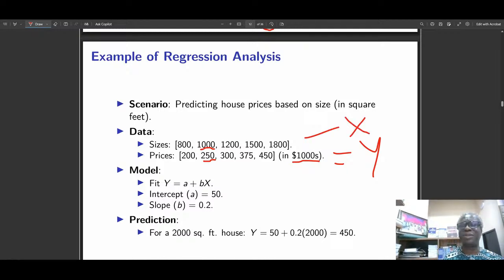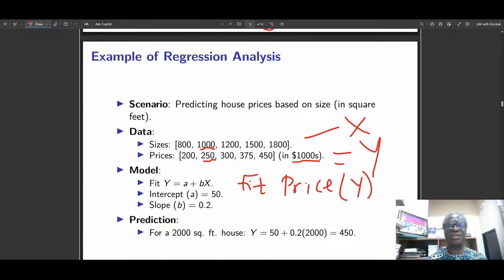So in other words, we are fitting price, that is y, equals a plus b times x, in our case the size.